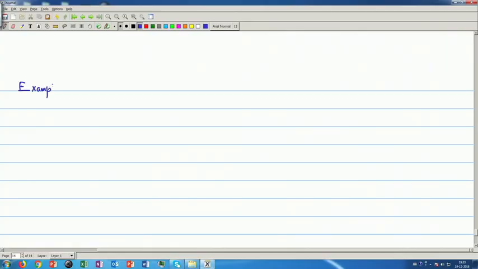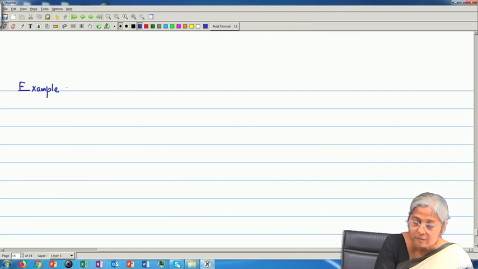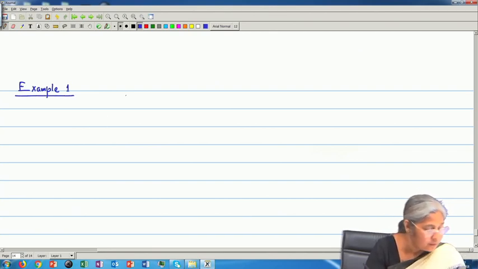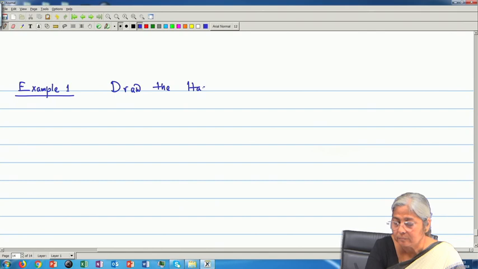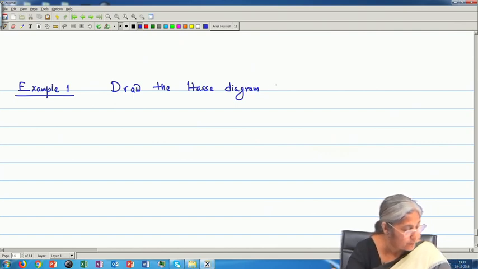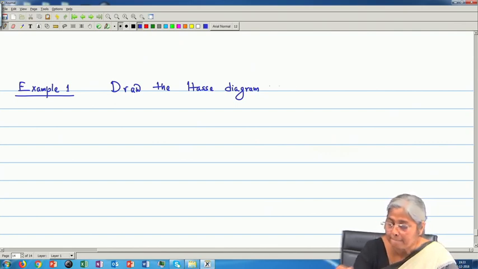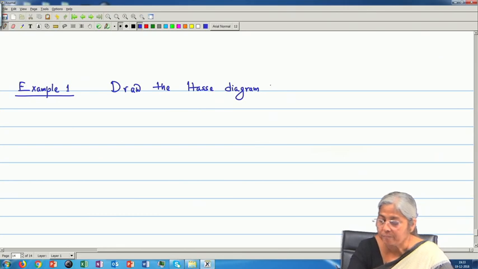So, earlier we have seen the relation of division, so we draw the Hasse diagram for the poset.